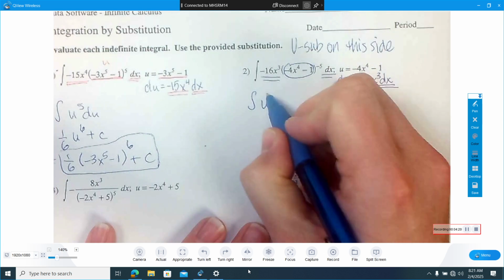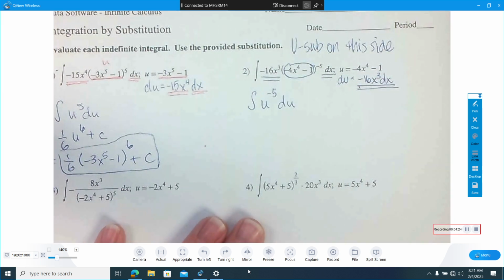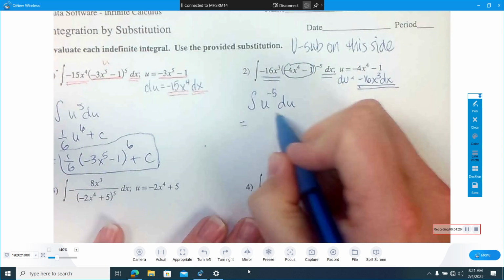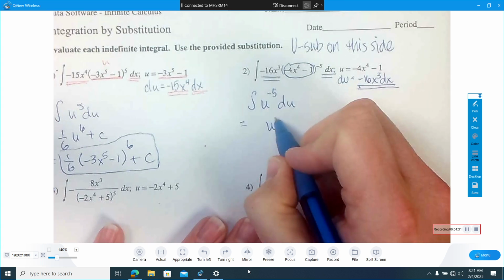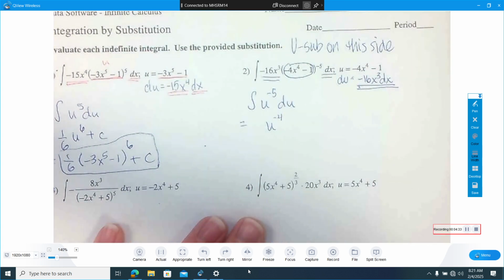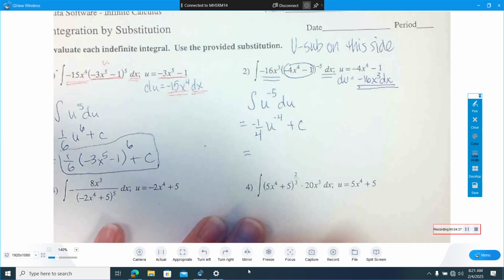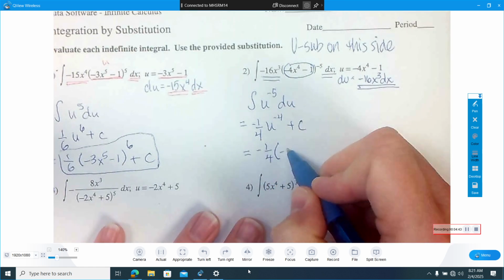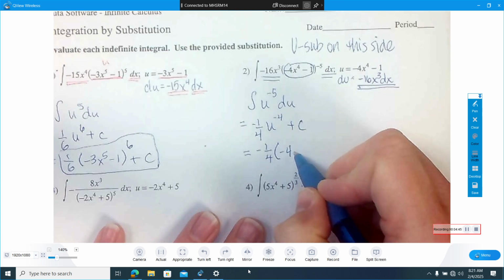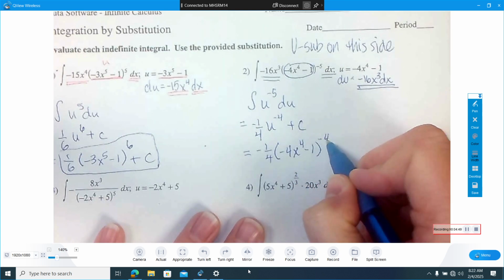So I'm going to have u to the negative 5th du, because everything is taken care of there. Integrating, increasing the power, gives me u to the negative 4, divide by the new power, or multiply by the reciprocal. So I have negative 1/4, and then replacing the u to the negative 4th power plus c.